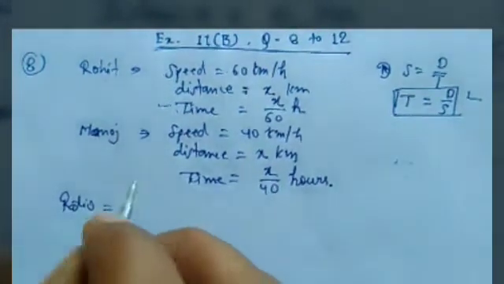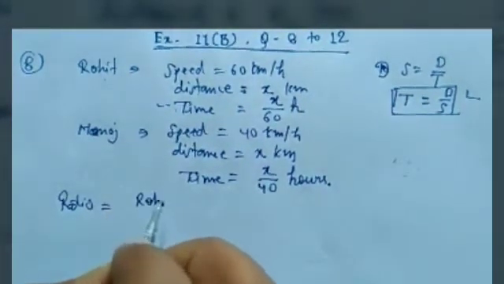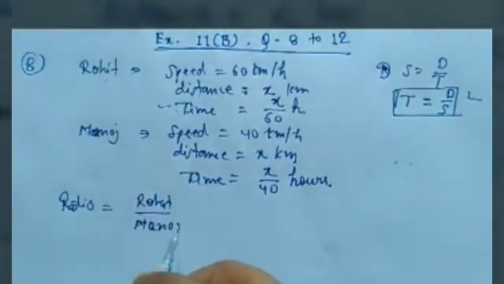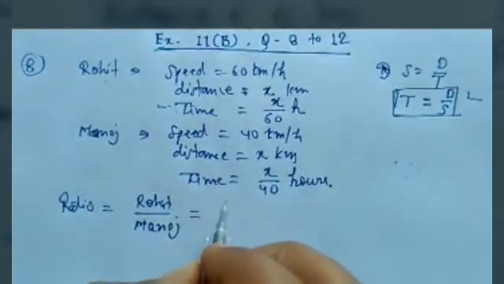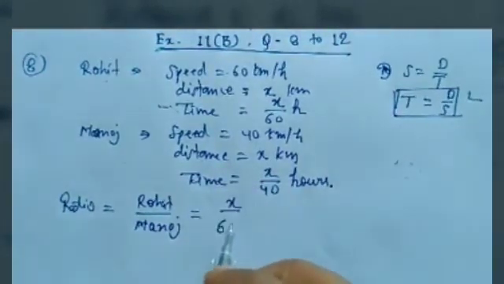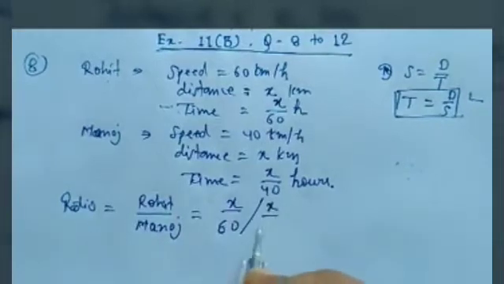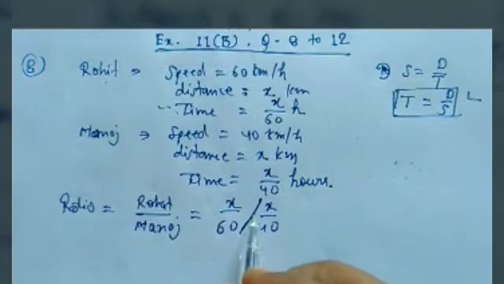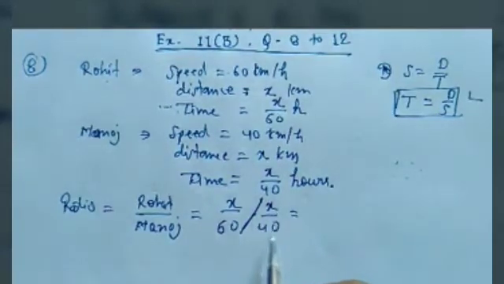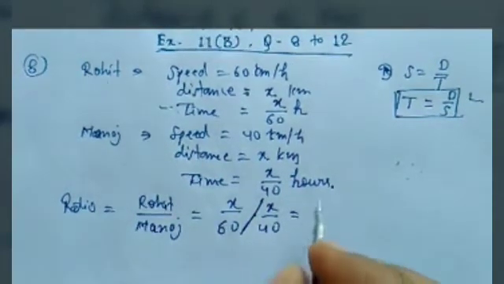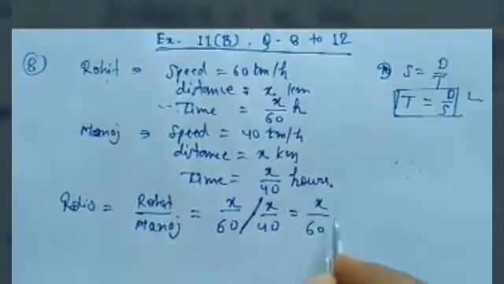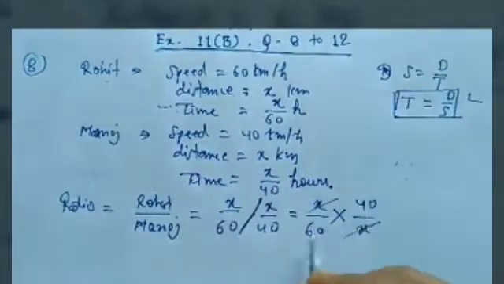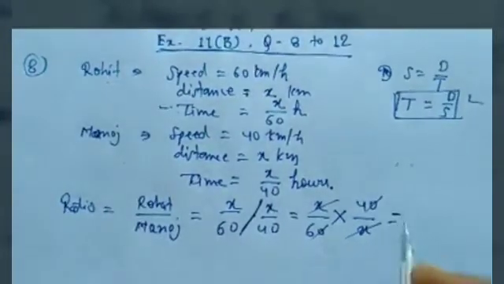Then ratio equals time taken by Rohit upon time taken by Manoj, equals x upon 60 divided by x upon 40. When we convert this division into multiplication, the denominator will be converted into its reciprocal form. Then x upon 60 into 40 upon x, x will be cancelled there. 40 upon 60, 0 will be cancelled.